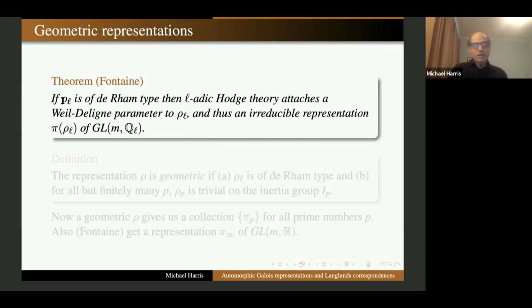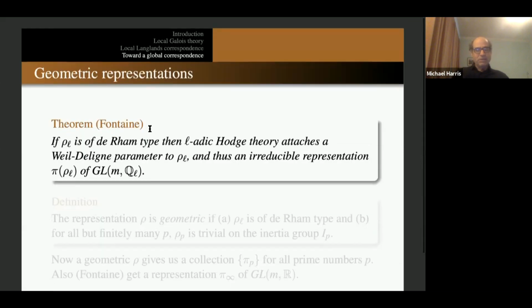If rho L is of de Rham type, then L-adic Hodge theory attaches a Fedorin parameter to rho L. And thus, through this extremely elaborate process, we get an irreducible representation of GLM. We go first through all of Fontaine's theory, the proofs of which were completed about 15, 20 years ago, and thus we get an irreducible representation.